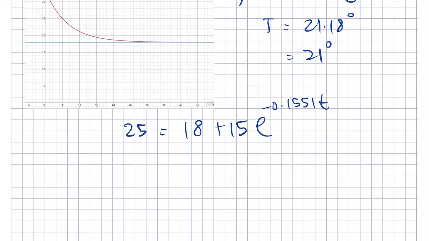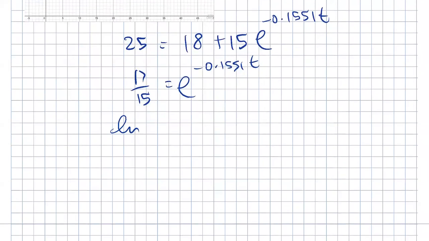So if I subtract 18, divide by 15, we end up with 7 over 15. And that's equal to e to the negative 0.1551t. Log of both sides, log of 7 over 15, and that's equal to negative 0.1551t.